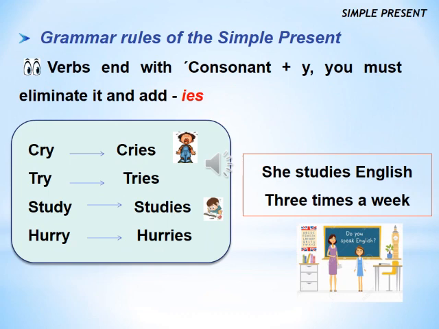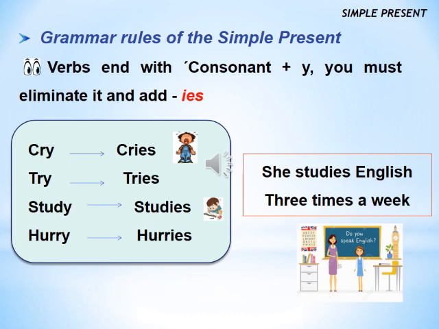Another grammar rule of the simple present is when the verbs end with a consonant plus y, you must eliminate it and add ies. You can look at some verbs, cry and cried, try, tried, study, studied, hurry, hurried.